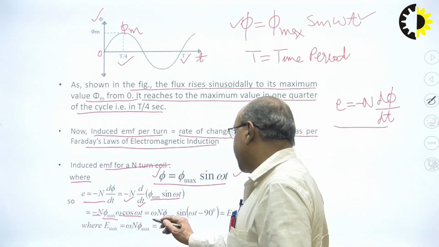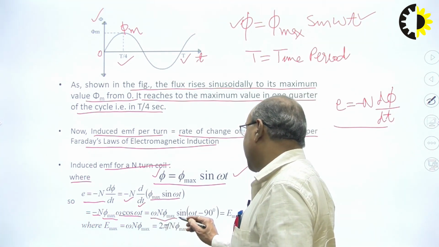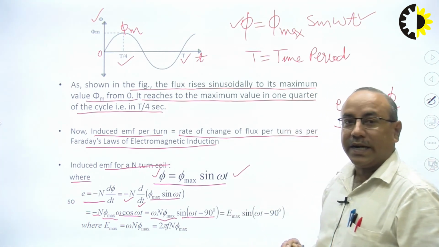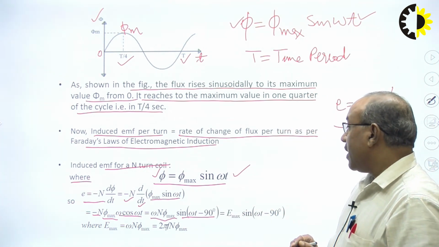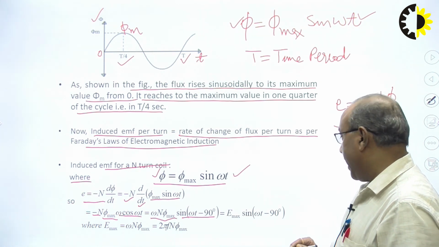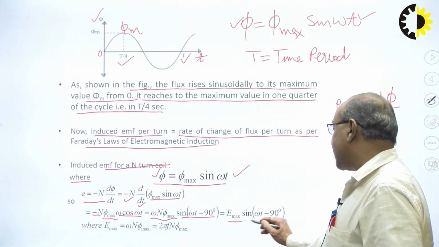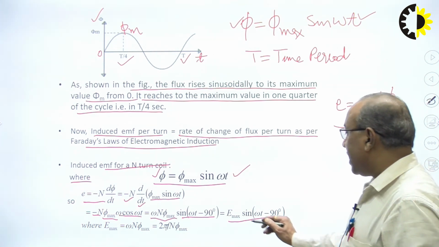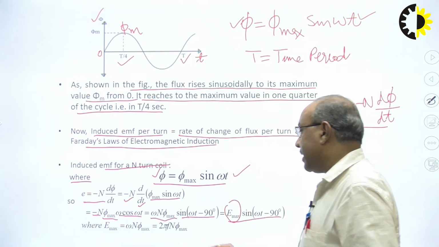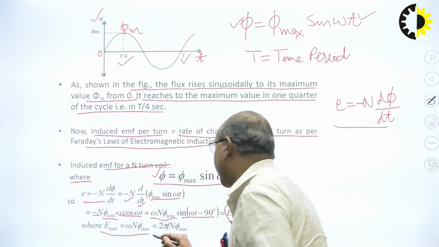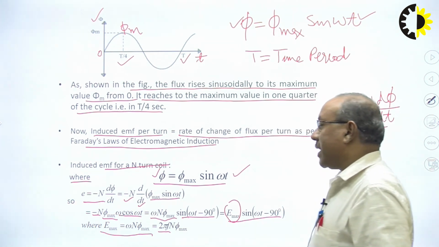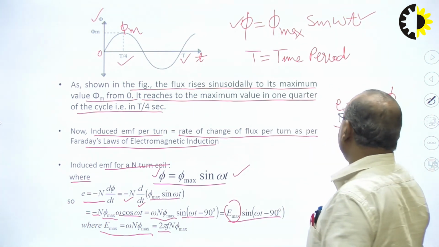This can be simplified as omega n phi max sin (omega t minus 90), since sin (omega t minus 90) is equal to minus cos of omega t, and this can be written as E max sin (omega t minus 90), where E max is the maximum value of induced EMF, and this is equal to omega n phi max, and omega is equal to 2 pi f, since omega is angular frequency.